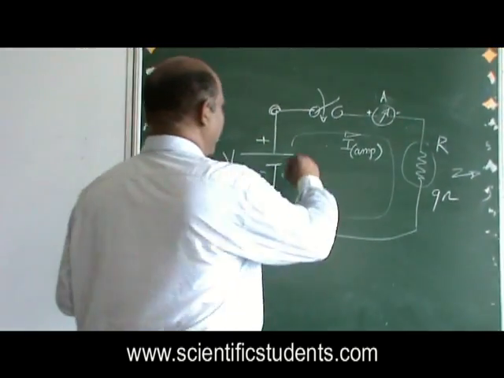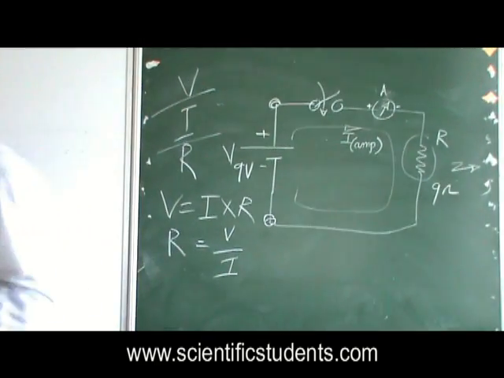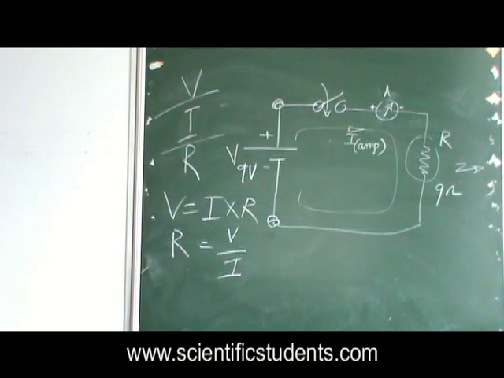Then what is the current? The given battery voltage is 9 volts and the resistance is 9 ohms. What is the current flowing in the circuit? 1 watt, 1 ampere or 1 volt? Sure? Okay, that is a good answer.